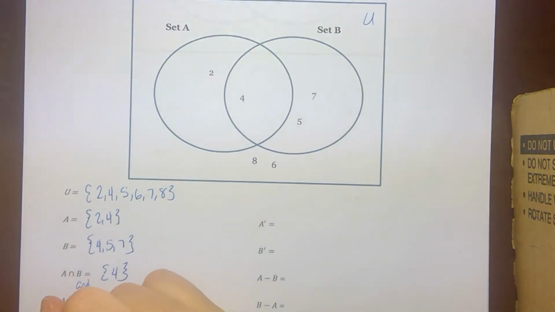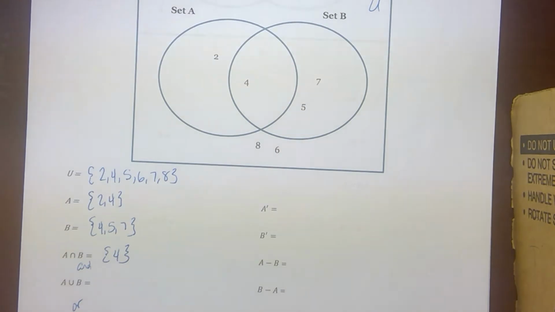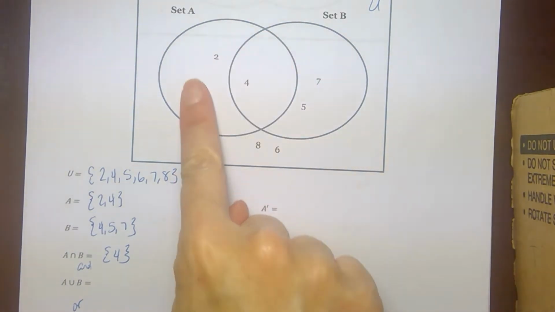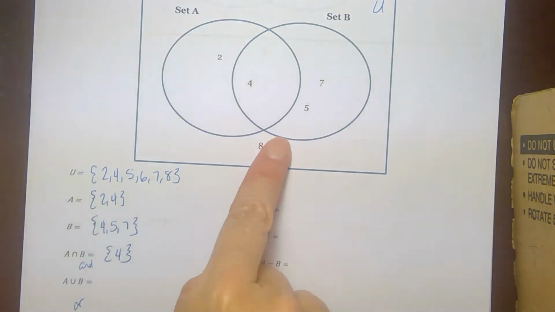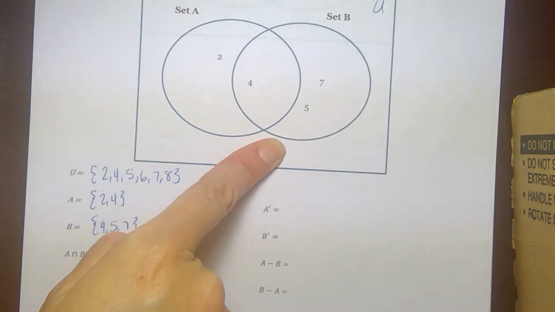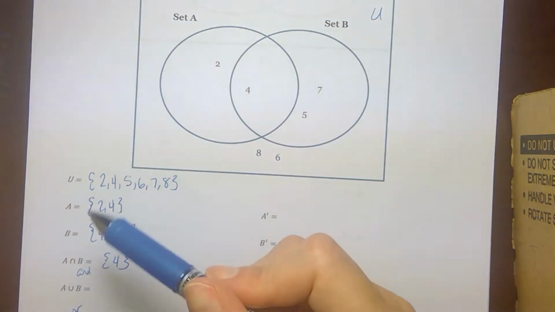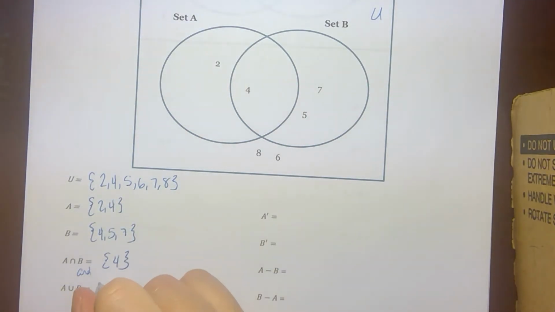The union, remember that's my keyword or, means anything that is in A or B or both. So when I'm looking at the Venn diagram, it is anything inside a loop. Well, everything with these two are inside a loop. So those 1, 2, 3, 4 elements are in A or B. If I'm looking at my list, I use every number listed one time. So I have 2, 4, 5, 7 in A or B.